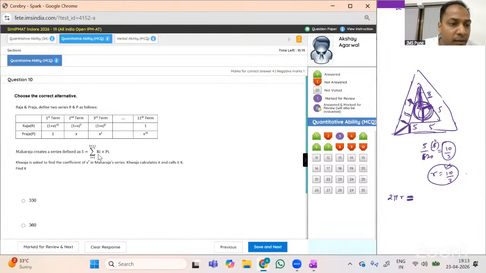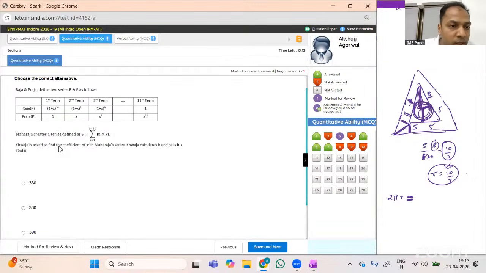Let's run ahead. Raja and Praja define two series, R and P. Madhya creates a series Ri into Pi. 1 plus x raised to the power 10. X raised to the power this, x square into this, x square is this.